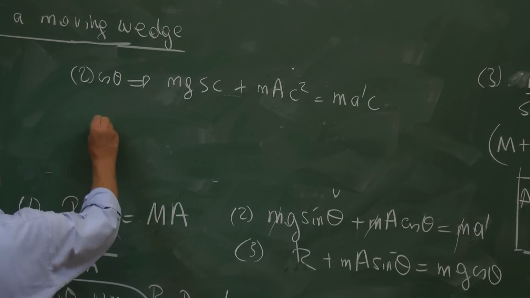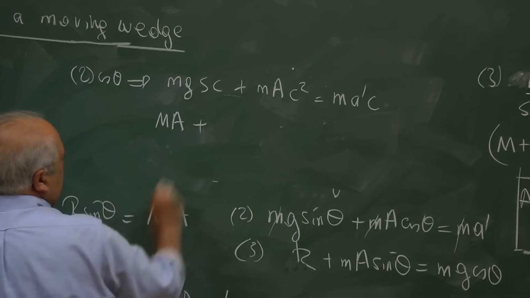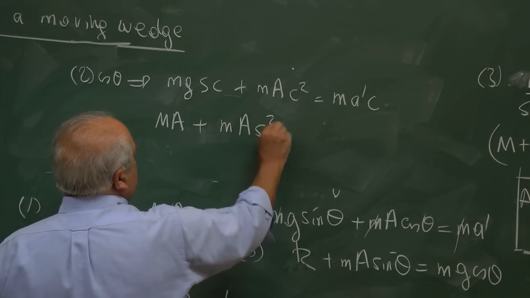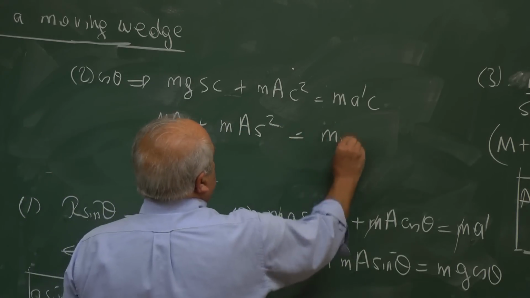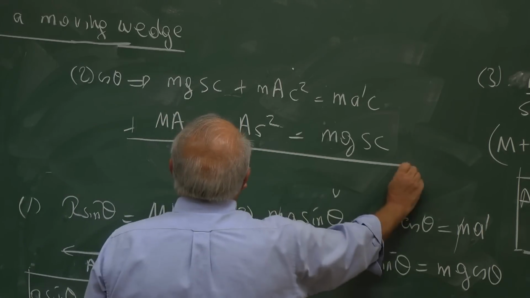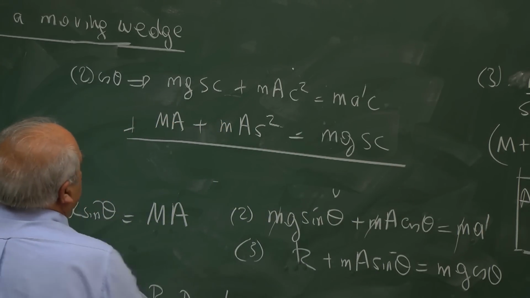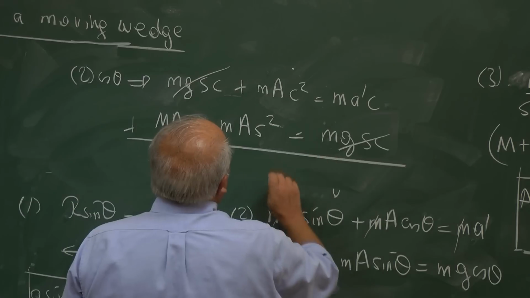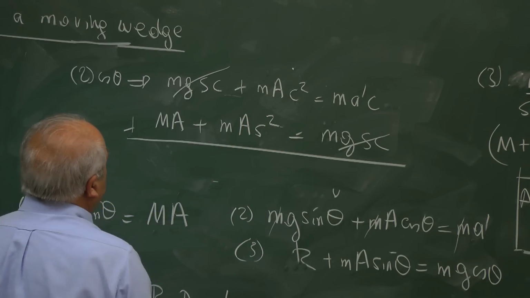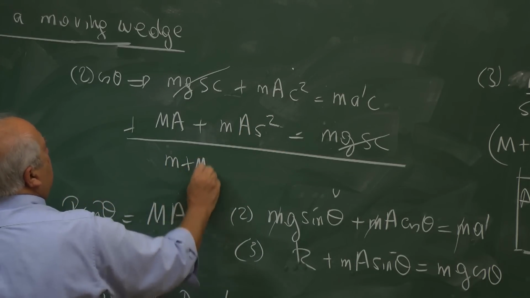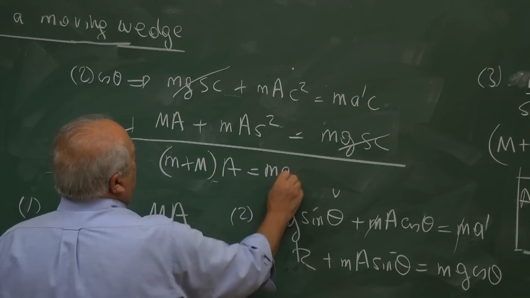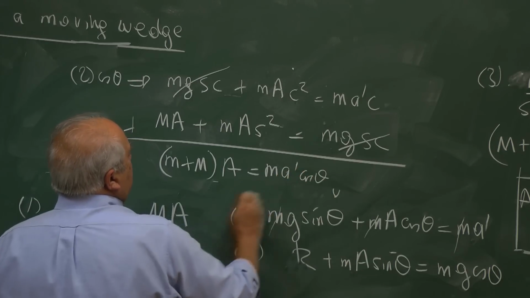So it is ma plus ma sine squared is mg sine cosine. Let's add them. This thing cancels that. This plus that is simply ma, because cosine square plus sine square is 1. So we get (m plus m) A is equal to m a prime cosine theta.